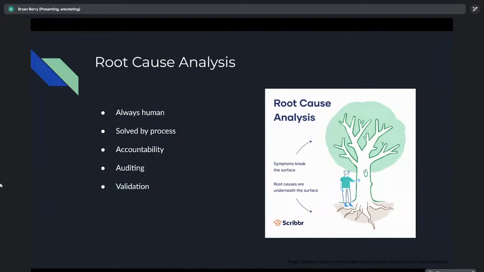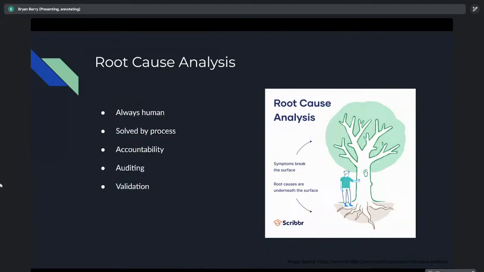But yeah. And then also accountability, okay? When you create a new process to prevent mistakes, someone needs to own that process. It needs to be someone's job to make sure that process happens so the mistake does not happen again. Chances are, if you're managing the root cause analysis, that person might be you, but it isn't always.